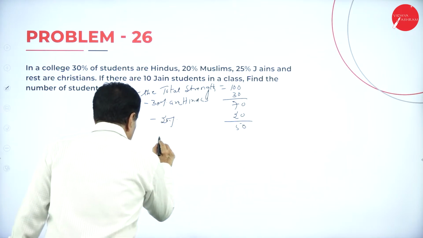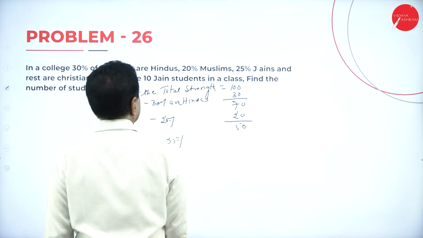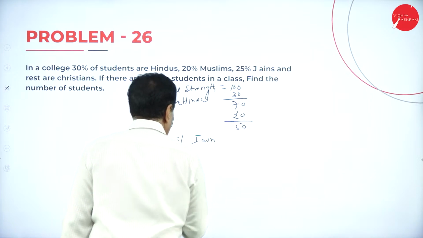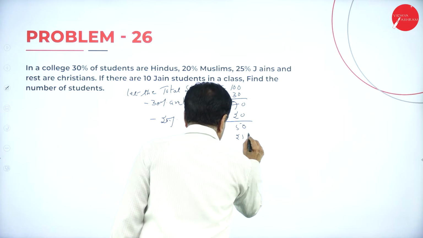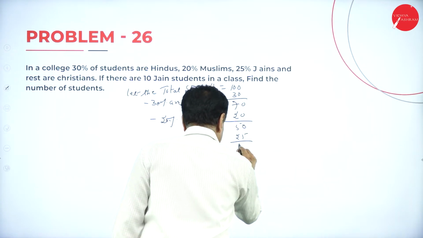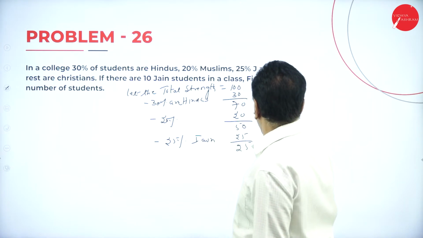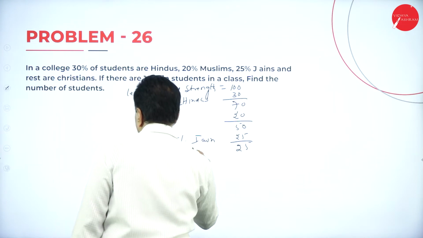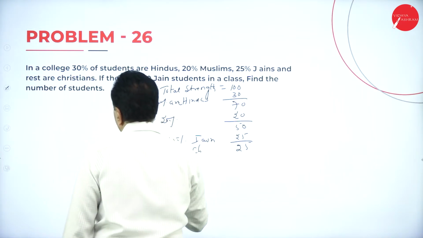Then minus 25% Jains, half of this, 25. So the balance is 25, and the rest are Christians.